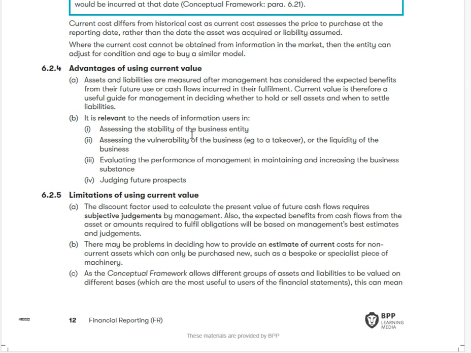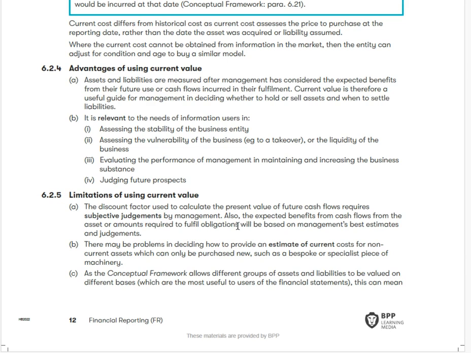Limitations of using current value. There are limitations also when you are using the current value. The discount factor used to calculate the present value of future cash flows requires subjective judgment. When you are estimating the cash flow, it is all a subjective judgment by the management. It can be right or it can go wrong.